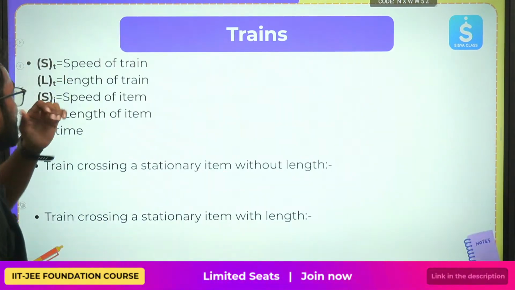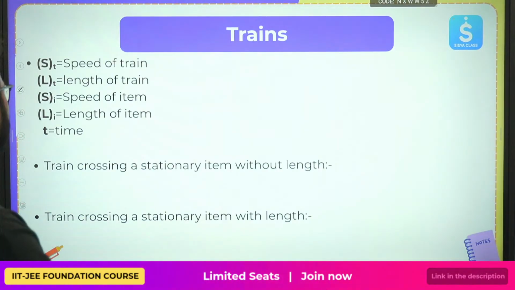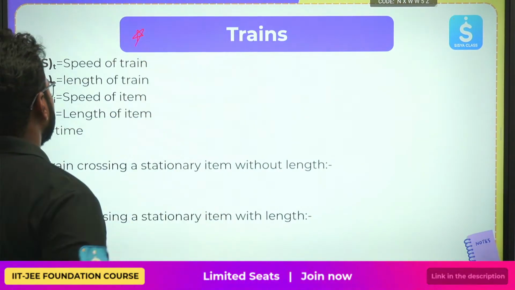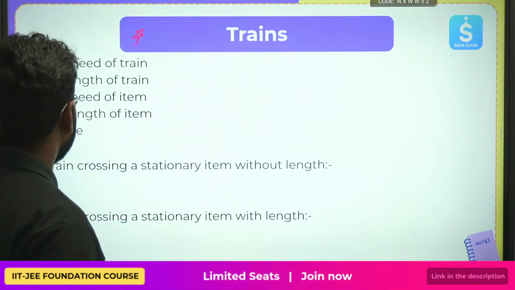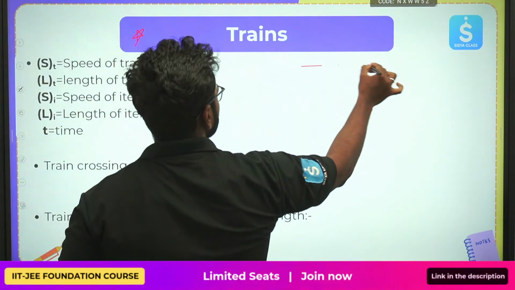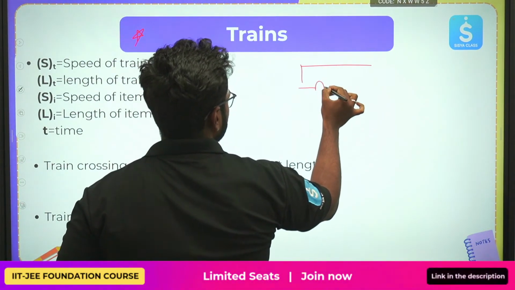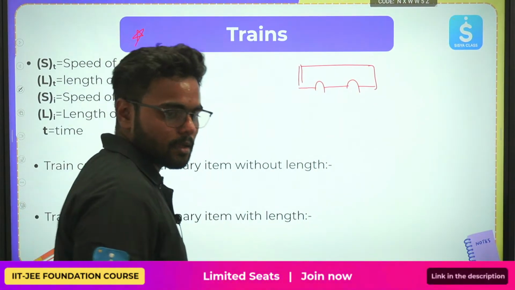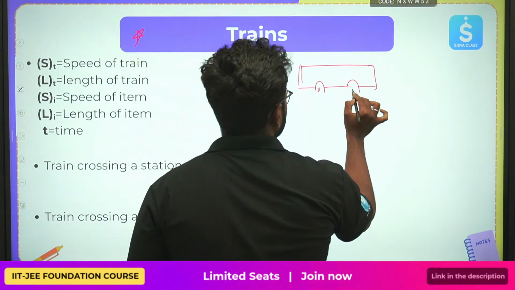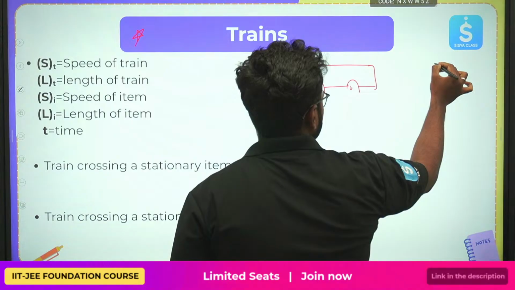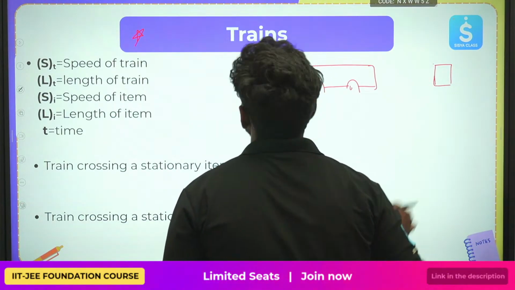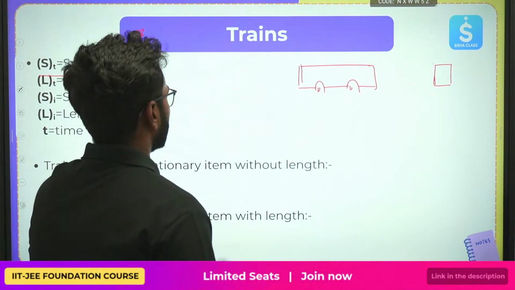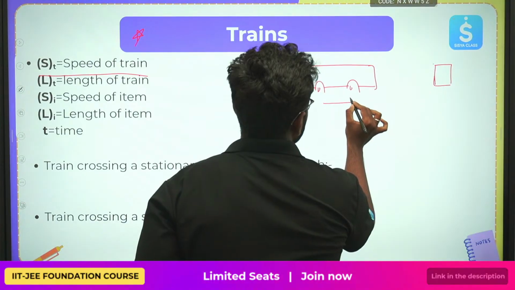Okay. Now, coming to the important thing, let us assume there is a train and some item. Let me take a train. So this is a train, and this is an object. Let St be the speed of the train.